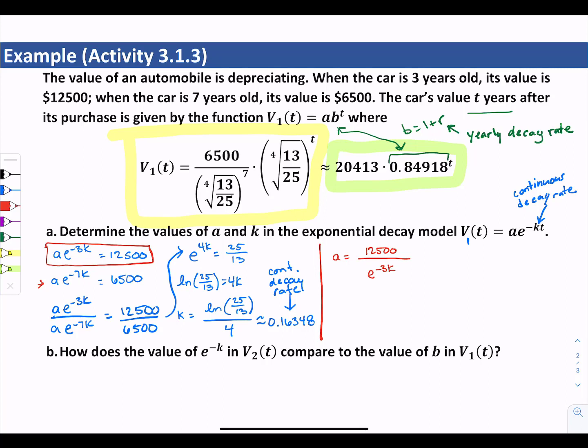And so the exact value of a would be 12,500 divided by e to the negative 3 times the natural log of 25 over 13 divided by 4. And then that is approximately 20,413. Again, I would double check that you can actually enter that in your computational device and get the same value.